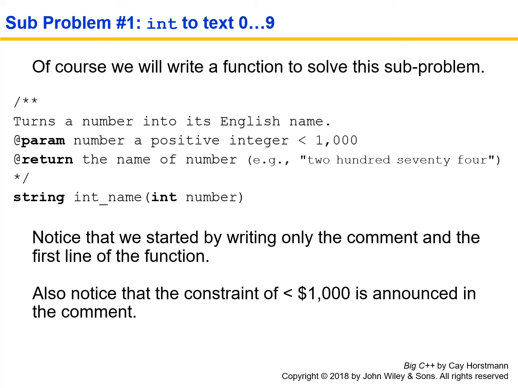Now, we're giving a constraint here that we're only going to take numbers less than 1,000, just limiting how complicated this function is going to get. We could go to thousands by just adding a little bit to the complexity of our function, and you'll see that this stepwise refinement process would work just as well if we had thousands.